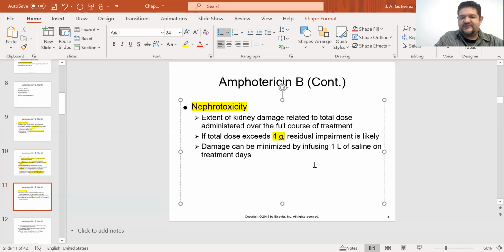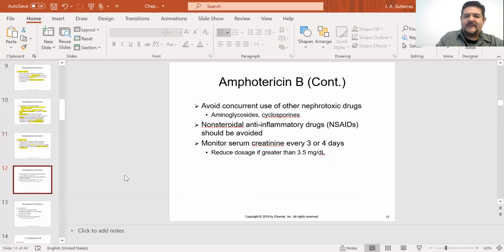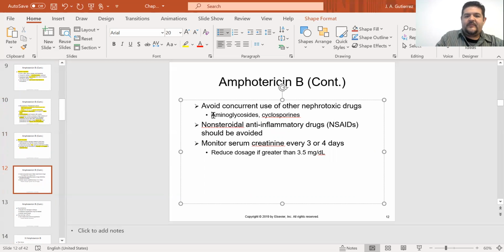We need to flush the medication out. So we're going to be infusing 1 liter of normal saline, 0.9%, every time this patient gets treated. We need to prevent that leftover of amphotericin B in the kidneys, or there will be kidney damage. Obviously, don't mix it with other medications that produce kidney damage.